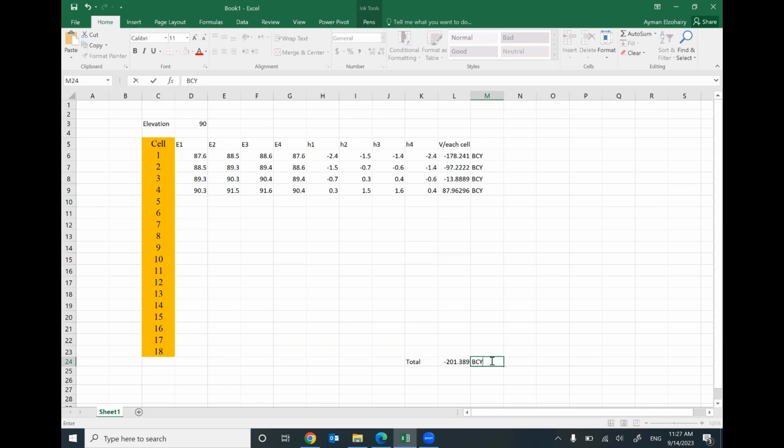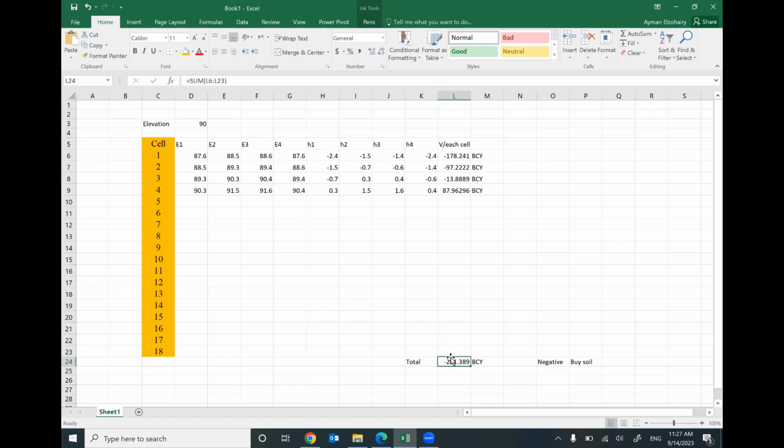To give you a hint, if this number is negative, I need to buy soil. I need to call someone to buy soil because I need to fill.